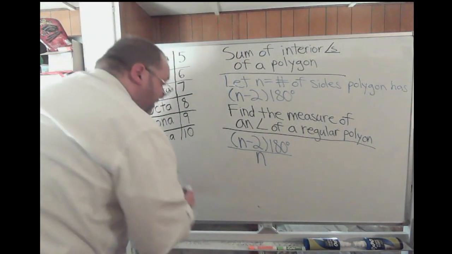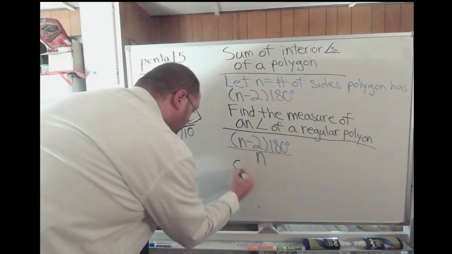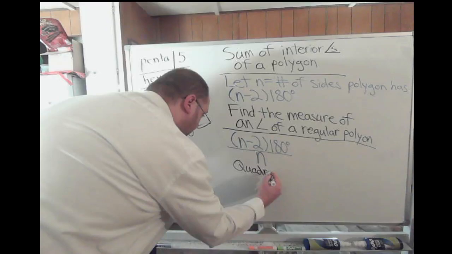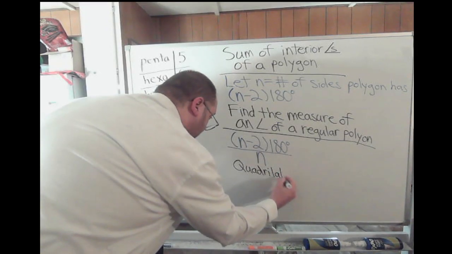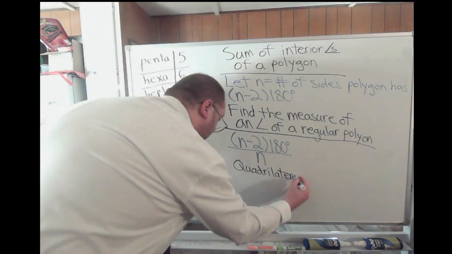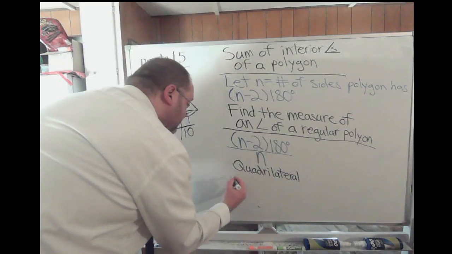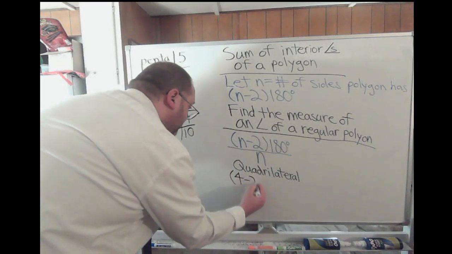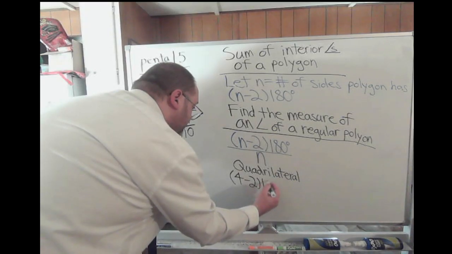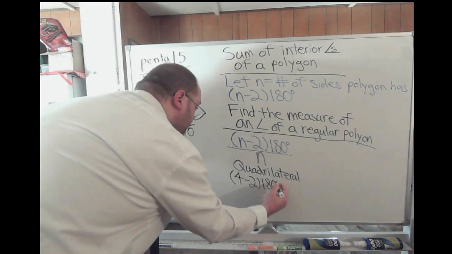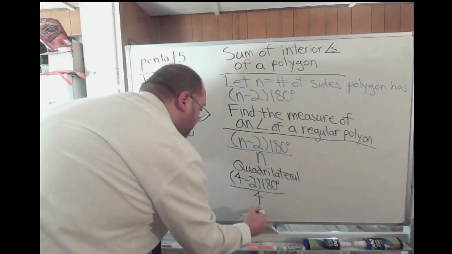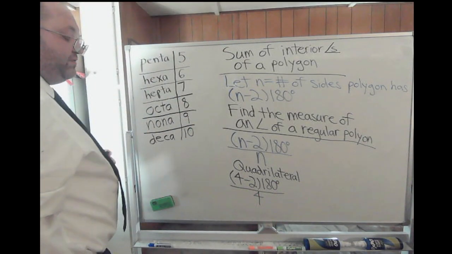Alright, we'll do a quadrilateral again. Let's deal with a quadrilateral. Alright, so quadrilateral has 4 sides. We'll take that 4 minus 2 times that 180 degrees all over 4, because the number of sides is 4, so you divide it by 4.